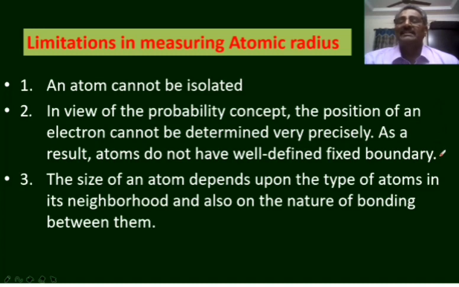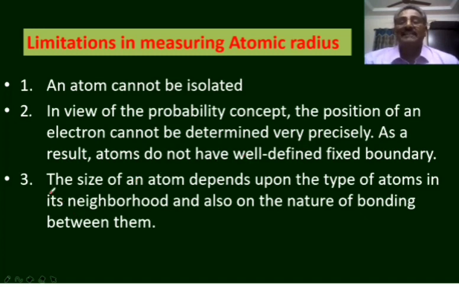We consider the electron cloud which covers the maximum probability of finding the electron around the nucleus as the orbital. So there is no fixed boundary to the orbital, and it is not possible to pinpoint the position of an electron precisely.